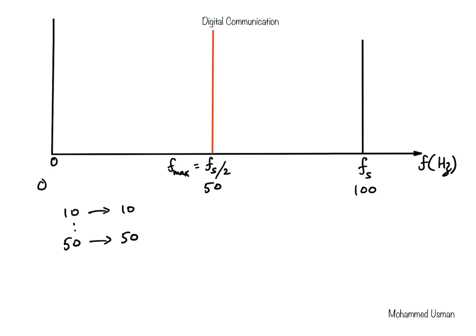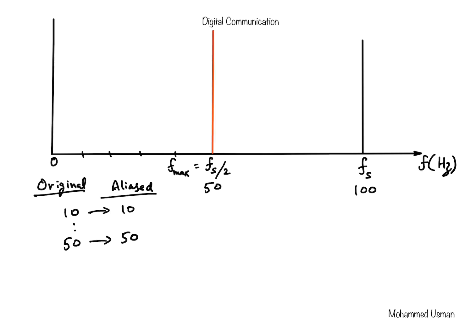So what I'm writing here is the original signal frequency, and this is what we call the aliased frequency. So I'm going to write the original frequency and the aliased frequency, and up to 50 hertz we are not going to have any problem. So if I mark these points here, that's 10, 20, 30, 40 and 50.